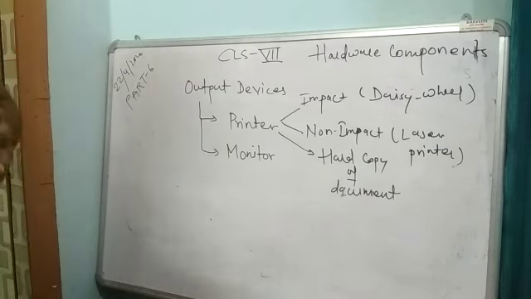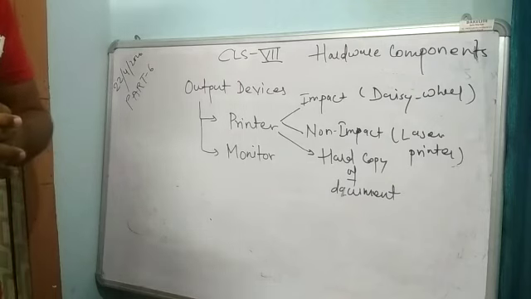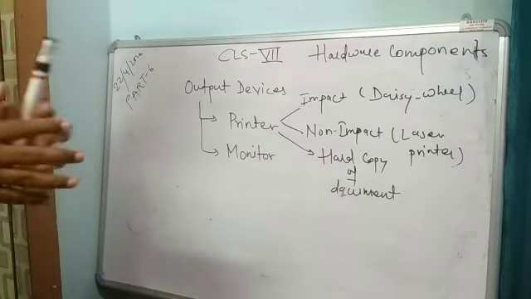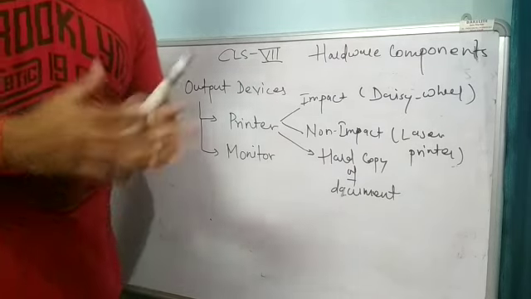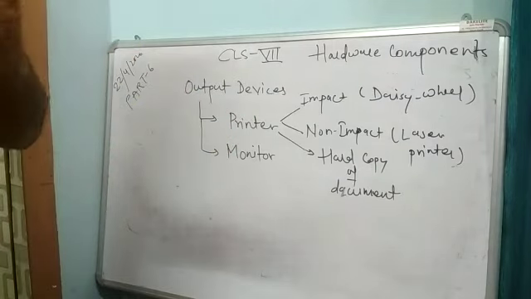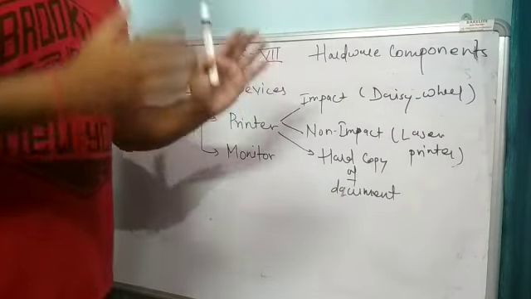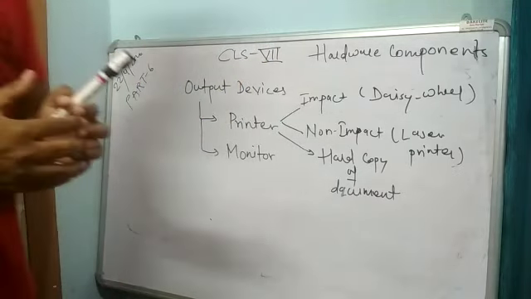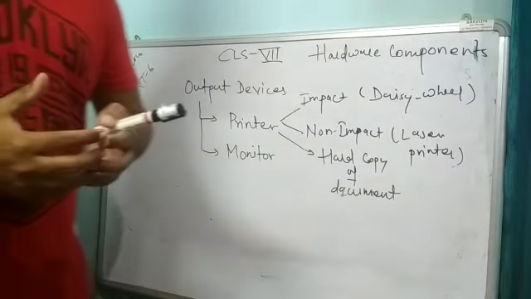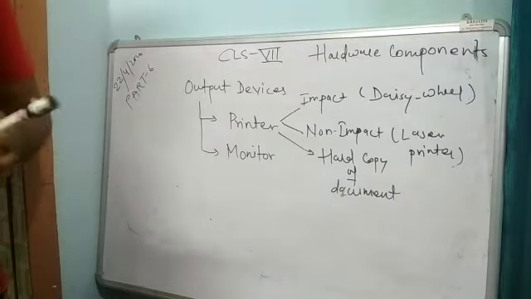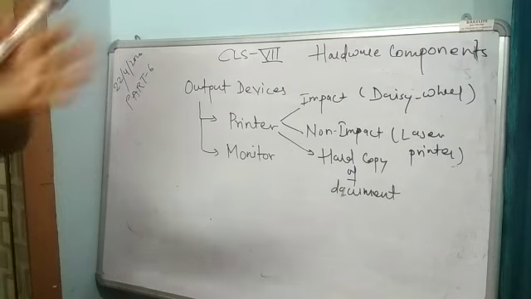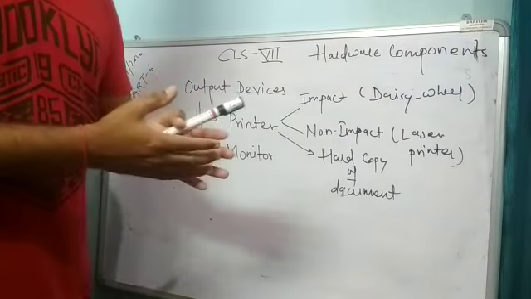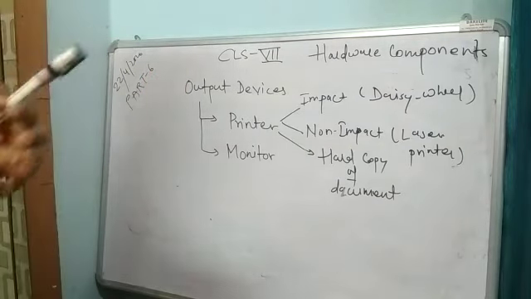Nowadays there is little use of impact printers, because we are now using non-impact printers like laser printers and inkjet printers. But at some places you can still see impact printers, like at the railway reservation counter. If you go to the railway reservation counter, you can see they are using a dot matrix printer to print the reservation tickets.